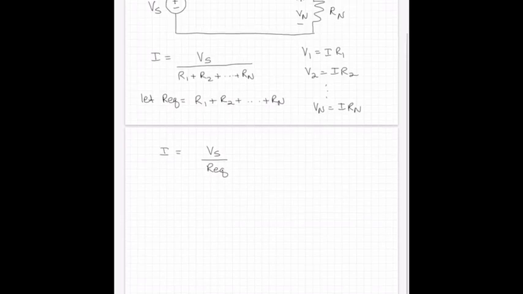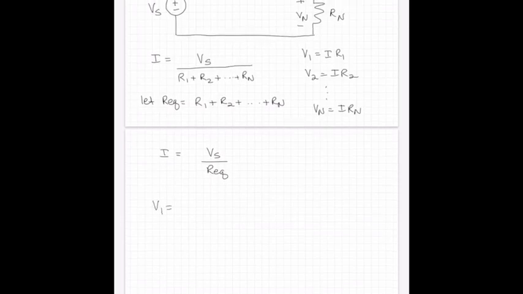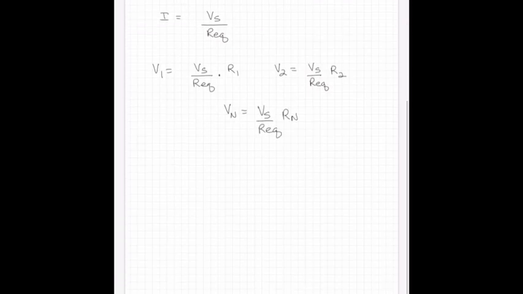So when we talk about voltage division, if we look at the equations for voltage, I'm going to write these out. V1 is equal to I, Vs over Req, times R1. And V2 is equal to Vs over Req, that current I, times R2. And Vn is equal to Vs over Req times R sub n. Then what do we have here?